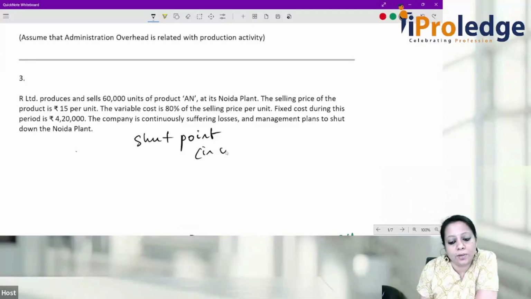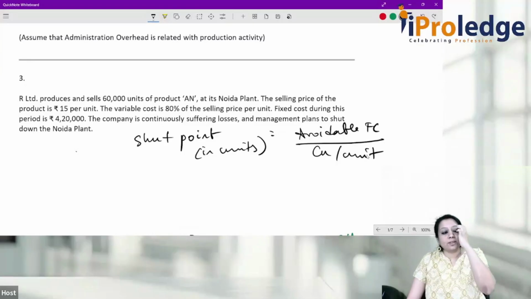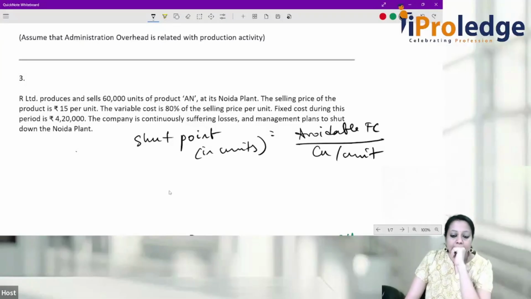Shutdown point in units is avoidable fixed cost divided by contribution per unit. Normally, BEP is fixed cost divided by contribution per unit. Here, we are checking avoidable fixed cost divided by contribution per unit to find out at what level I should shut down. Very similar to BEP.